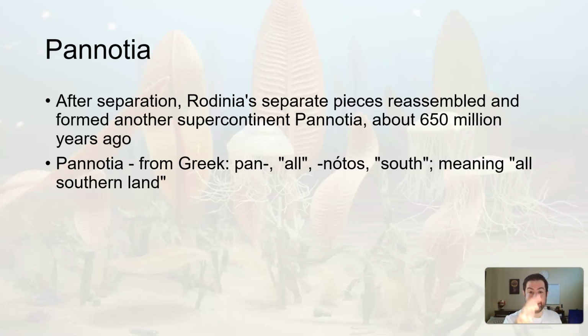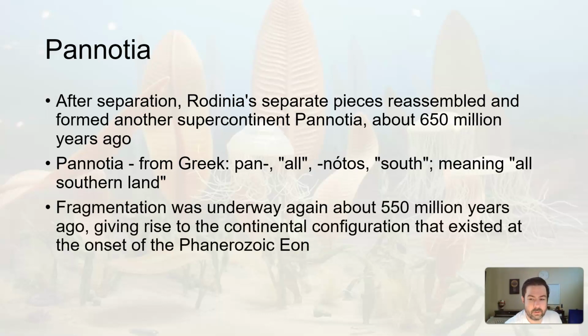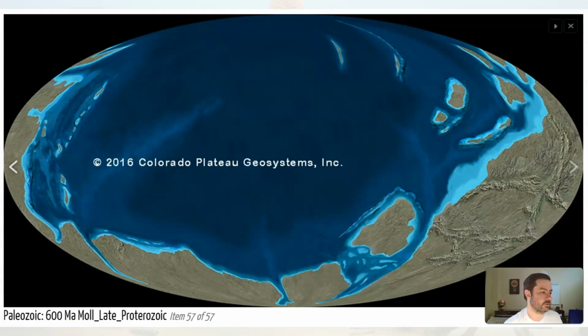The reason that's important is because all of Earth's crust, when it combined to form a supercontinent, was on the South Pole, or on the bottom of the Earth. So it lasted for about 100 million years and started breaking up around 550 million years ago. That helped to mark the beginning of the Phanerozoic Eon, which started 542 million years ago.